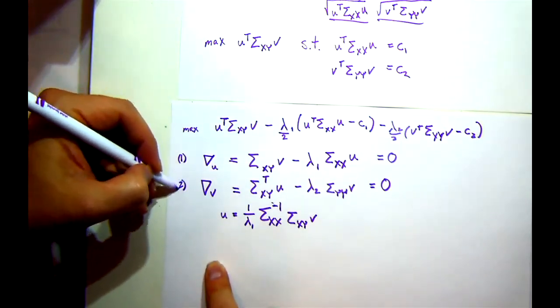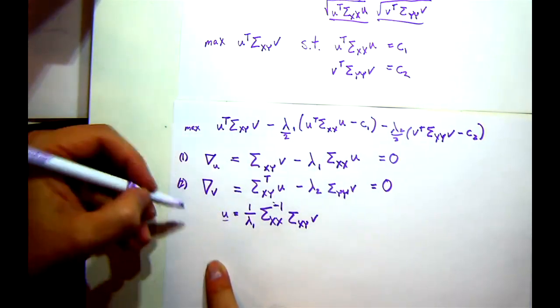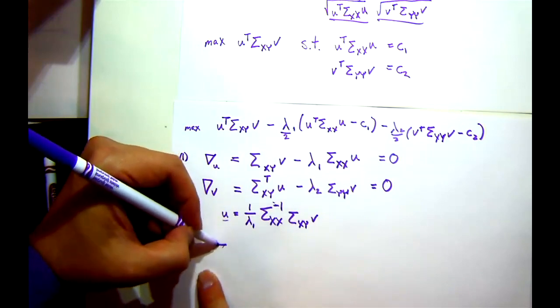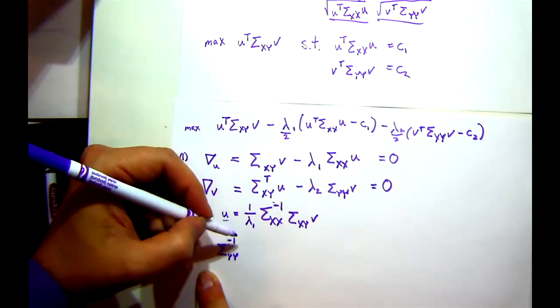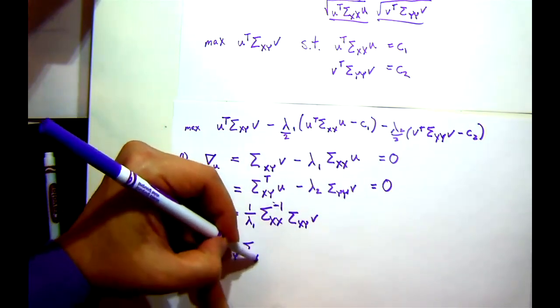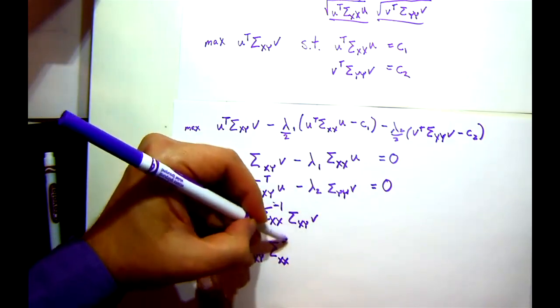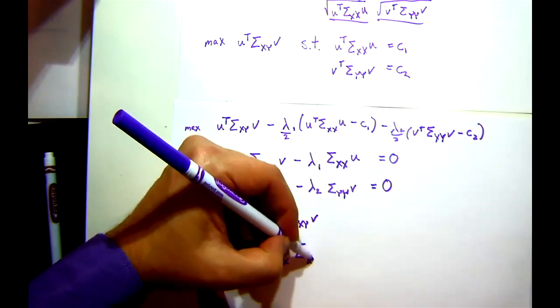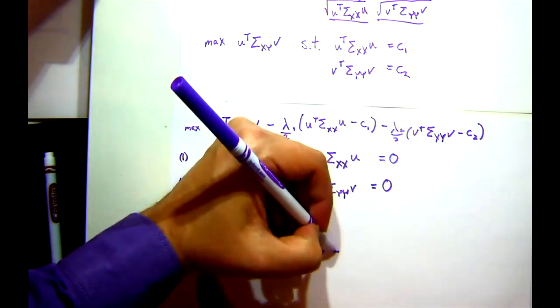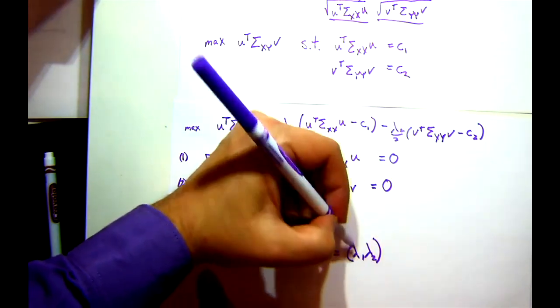Then if we plug in the value of u into equation 2, we're going to end up with, they start getting really long, sigma yy inverse sigma xy sigma xx inverse sigma xy v equals lambda 1 lambda 2 v.